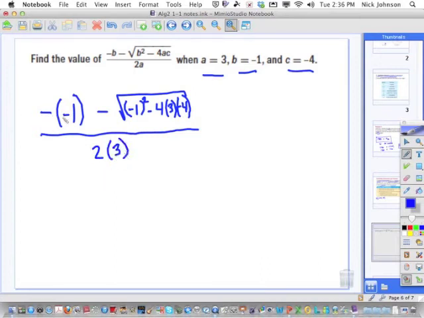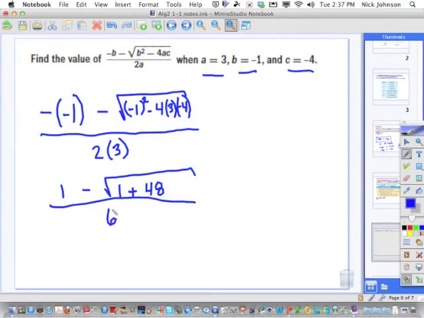Well, what's a negative 1 times a negative 1? That's a positive 1. We use this square root symbol just like a bracket, so we've got to do everything inside. So a negative 1 squared is 1. Negative times a negative is a positive. 4 times 3 is 12, times 4 is 48, as you all should be saying. 2 times 3 is 6.